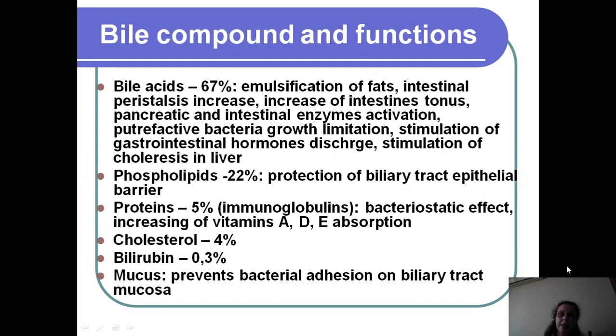So take a look. They also are needed for stimulation of gastrointestinal hormones discharge and stimulation of choleresis in the liver.